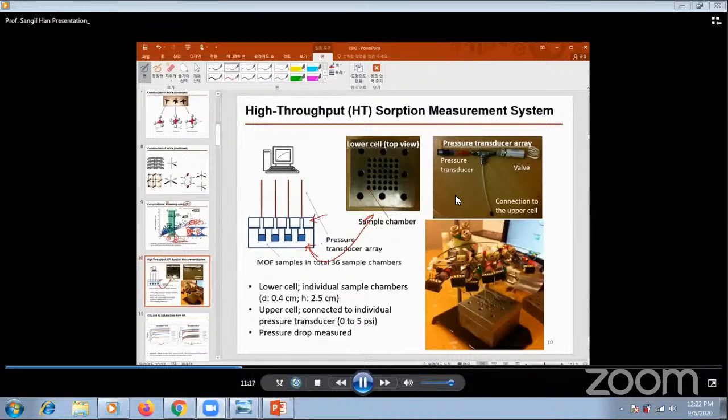Each sample chamber is connected separately to a pressure transducer array. If you see the picture below, all the different sample chambers are connected with different pressure transducers. For the measurements, CO2 gas is injected at the same time, while nitrogen gas is injected at the same time.